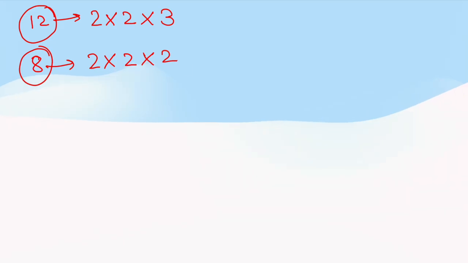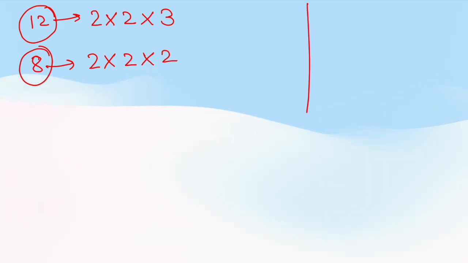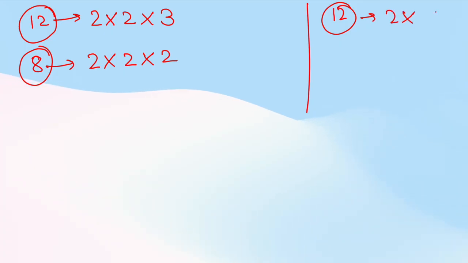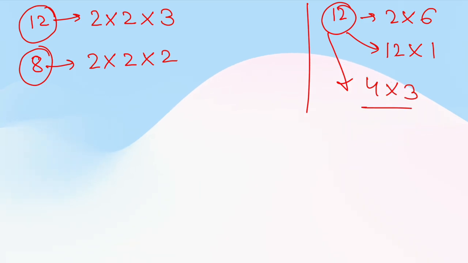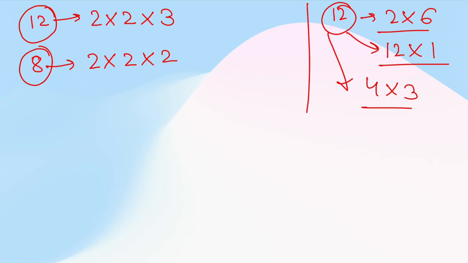Now if someone tries to write 12, it can be written as 2 into 6. Someone will come to me and say, ma'am, it can also be written as 4 into 3. So there are different ways of writing a number. But if I want a unique form that everyone will have the same, I can use the prime factorization. Is there any other way to write this prime factorization?